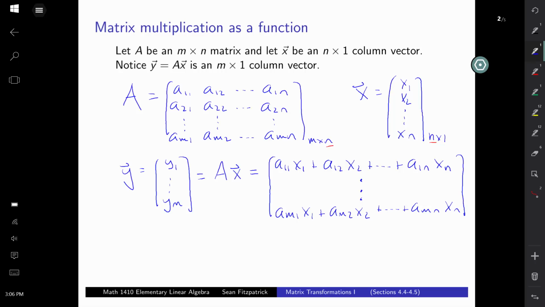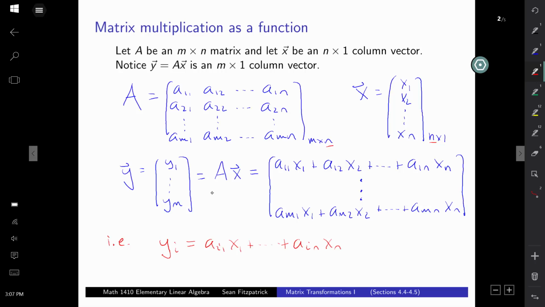So one way you might think about this is as defining each of the entries in this vector y as a function of the entries in the vector x, right? So yi is equal to ai1 x1 down to ain xn.